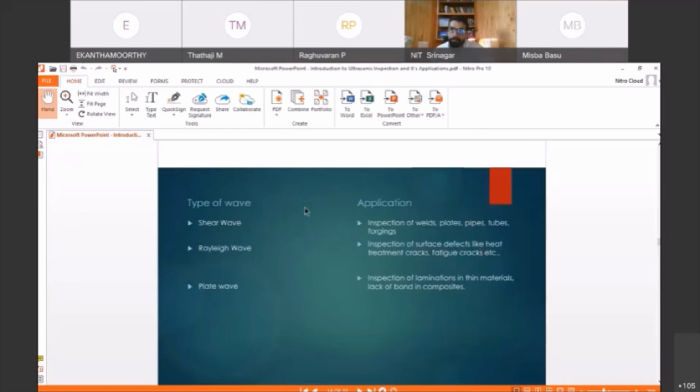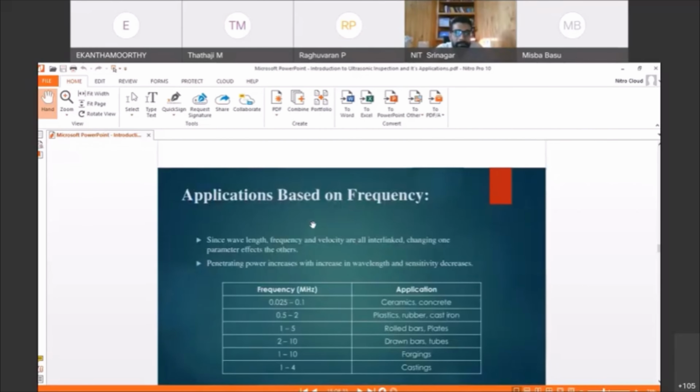The basic idea is that based on the selection of these modes, we can use them as per our applications, such as inspection of welds, detecting fatigue cracks, or inspection of laminations and bonding issues. Those are the major applications. We'll see what kind of frequencies we'll use for the upcoming applications.